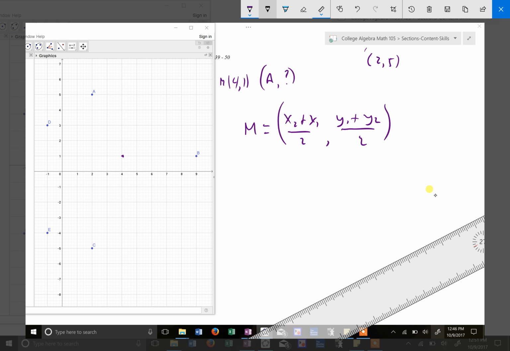And I know that my midpoint is 4, 1. And so I can say 4, 1 equals x plus 2 divided by 2, comma, y plus 1 divided by 2, because we're trying to find out what x2 and y2 are.